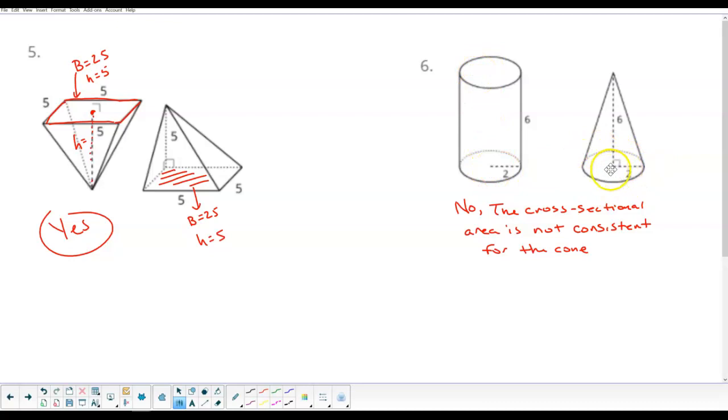The cone, the cross-sectional area from the apex on down is going to change. It's going to be small up here and get bigger and bigger and bigger. Since the cross-sectional area is not consistent for the cone, the volumes could not be congruent. Even though they have the same area of the base and the same height, we have to keep in mind that that cross-sectional area has to be consistent.